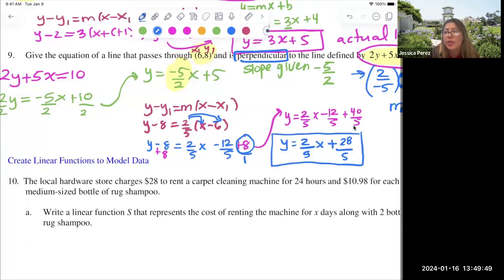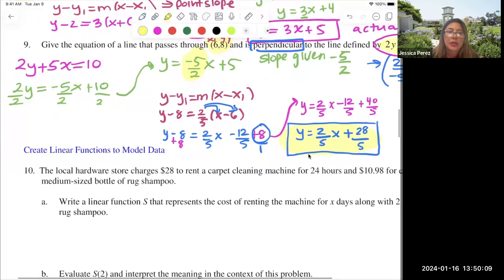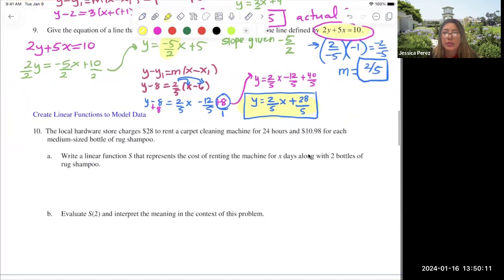Okay, so that 40 over 5 comes from this 8. So 2/5 x plus 28 over 5. And then there it is. There we have it. And that's the equation of a perpendicular passing through that point.